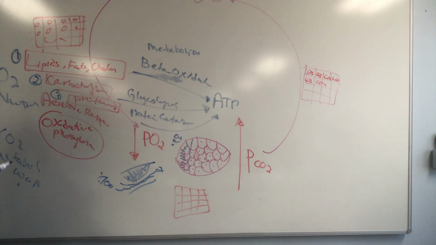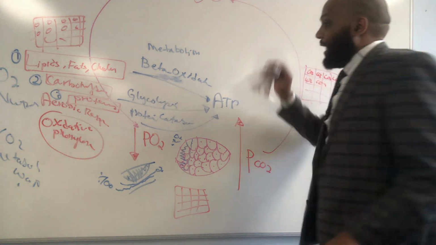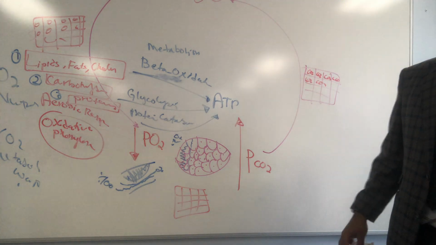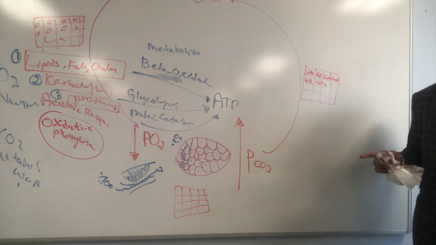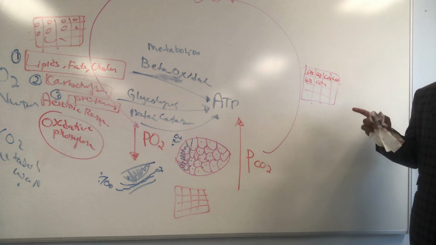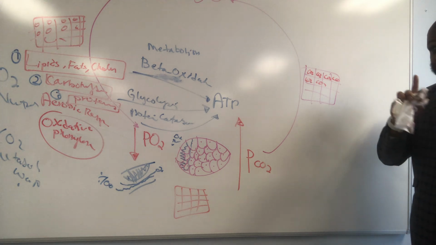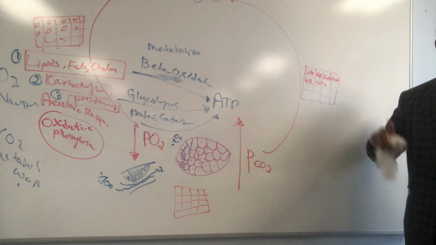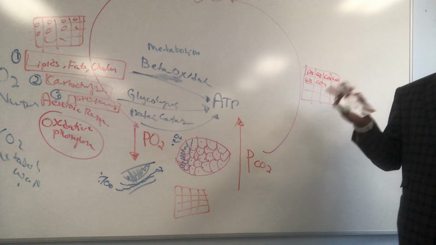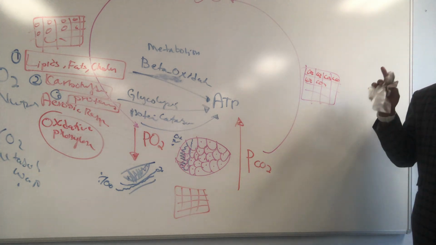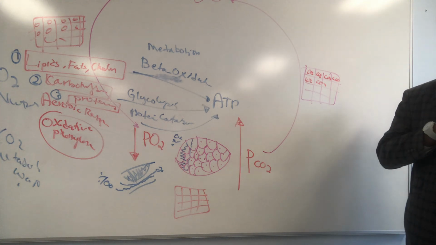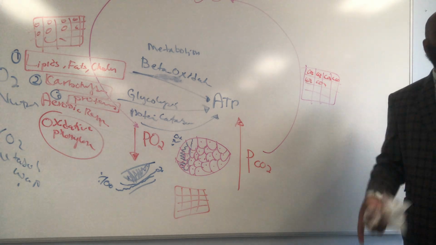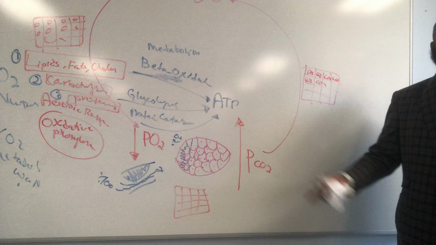Okay. So diffusion is very important. So are we done with hemoglobin? Are we done with how hemoglobin has two trips, downtown and uptown? No matter whether it's downtown or uptown, we always move from high partial pressure to low partial pressure. So in one trip, we go from an area of high partial pressure of oxygen, the lungs, to deliver it to an area of low partial pressure of oxygen, the tissue.